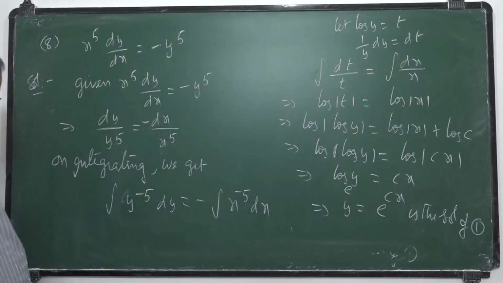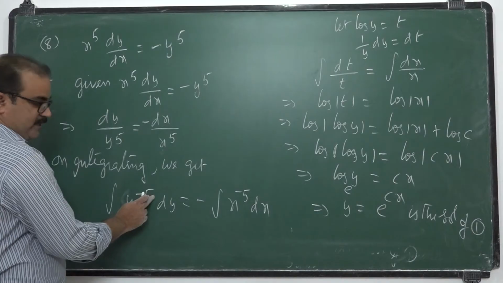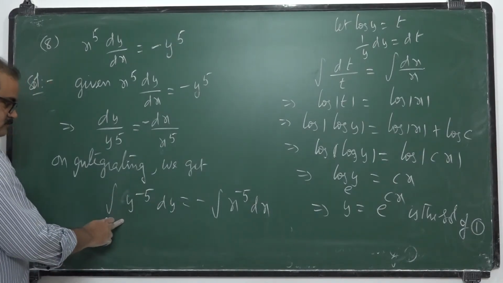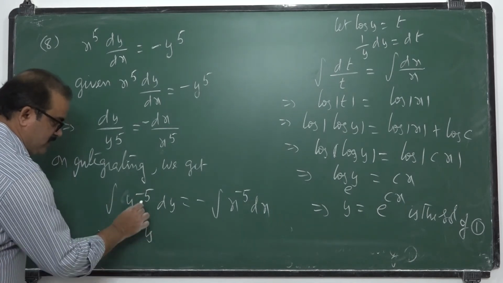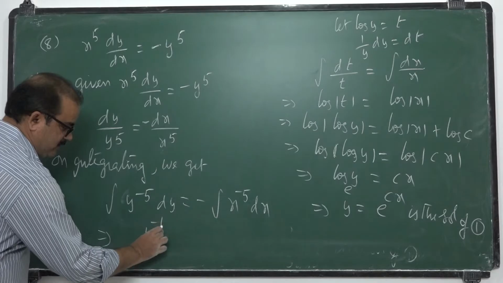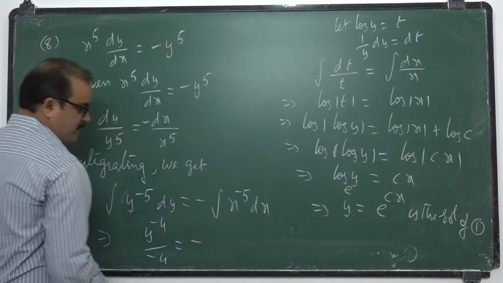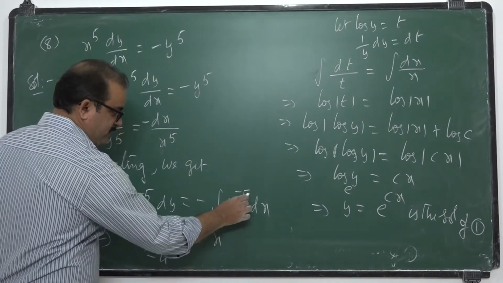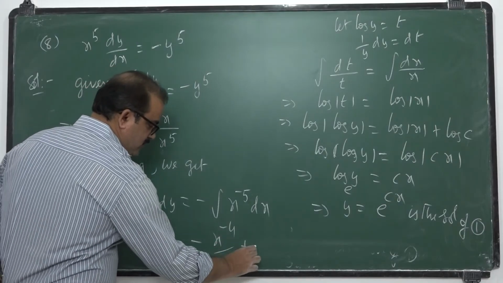Now it is in the form of integral x power n into dx. What is the formula? x power n plus 1 by n plus 1. Y power minus 5 plus 1, minus 4, by minus 4 is equal to, here also n is minus 5, x to the power of n plus 1, minus 4, by minus 4, plus c.